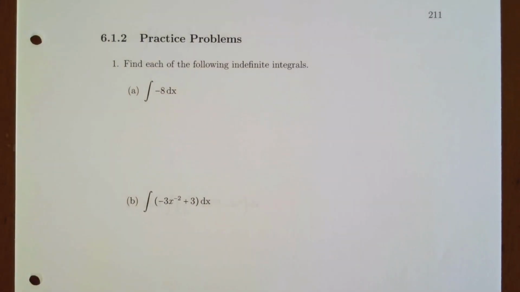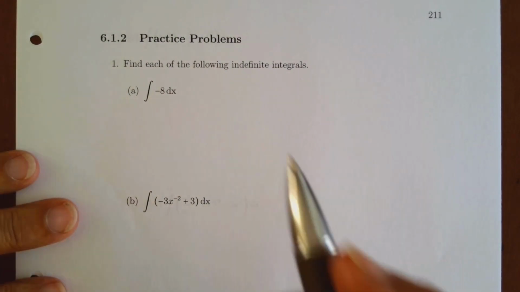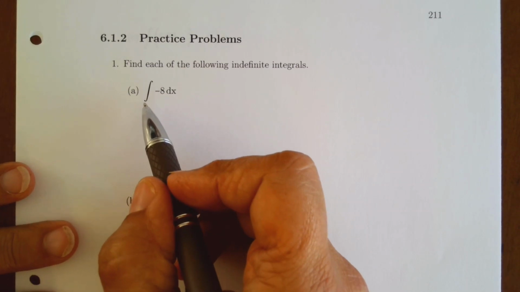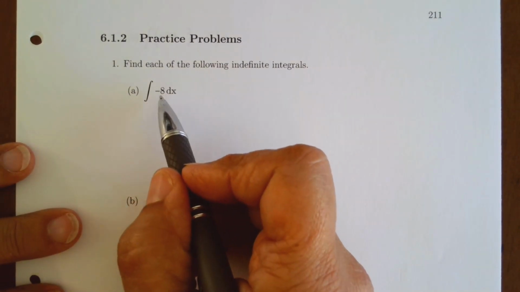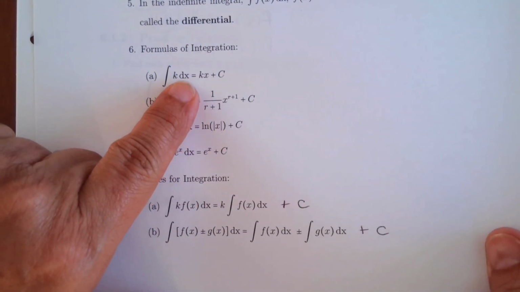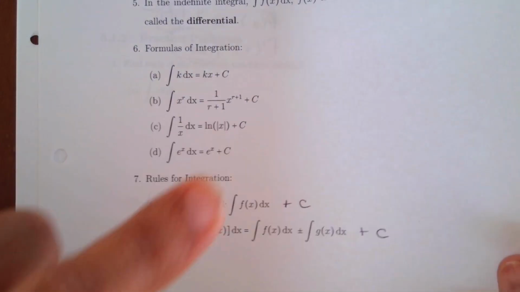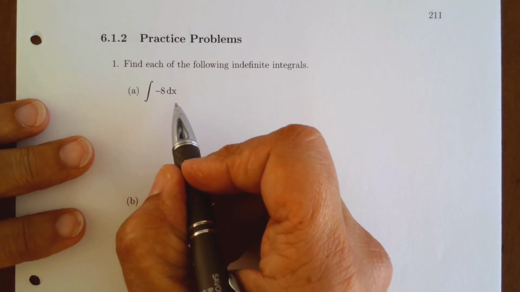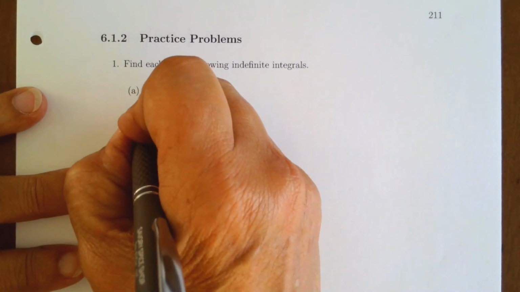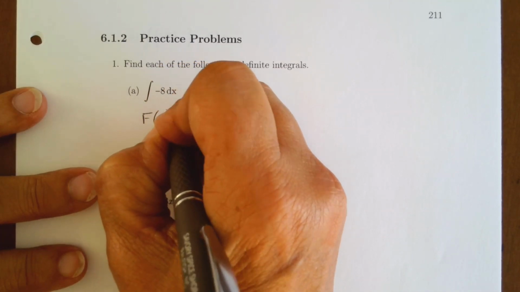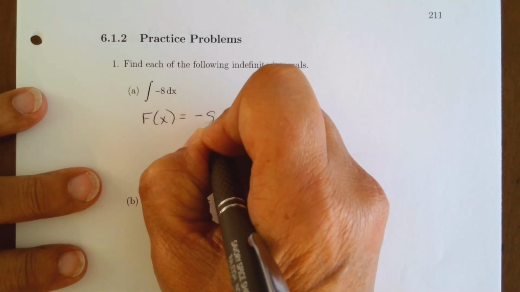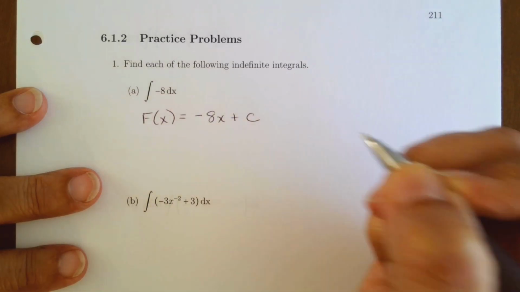All right, so we're going to find indefinite integrals. So we notice this sign, that means find the antiderivative. Okay, so when you had a constant function, okay, the antiderivative would be k times x plus c. So this is our derivative. So our antiderivative, when I write f of x, would be negative 8x plus c.